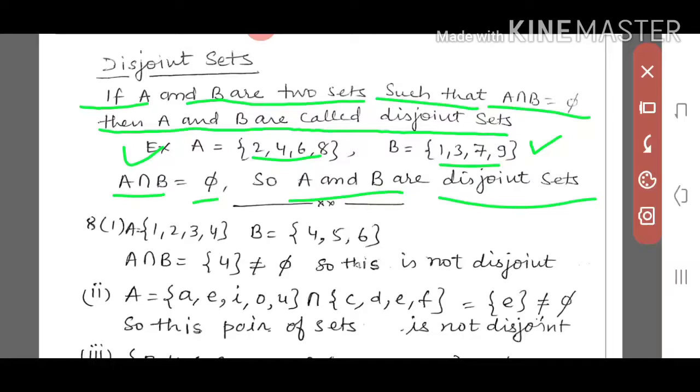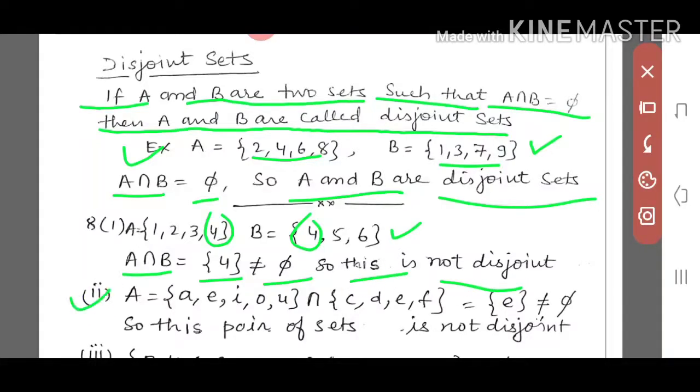Now we will take some more examples. Here A is given to you, the elements are 1, 2, 3, 4. B is given to you, the elements are 4, 5 and 6. Now this 4 is a common element of A and B. So A intersection B is {4}, which is not a null set. So this pair is not disjoint.